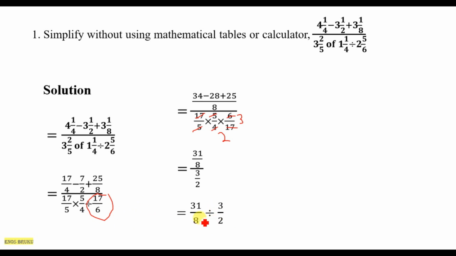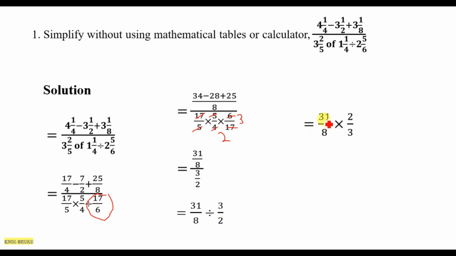So now this is what we are going to have. We have 31 over 8 times 2 over 3, because we reciprocated the fraction to our right. The numerator was 3 and the denominator was 2, but here it has changed to 2 over 3.